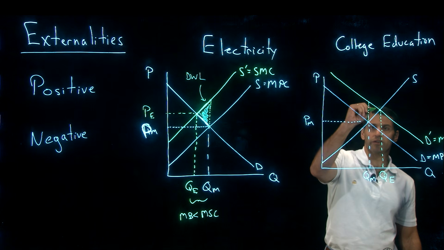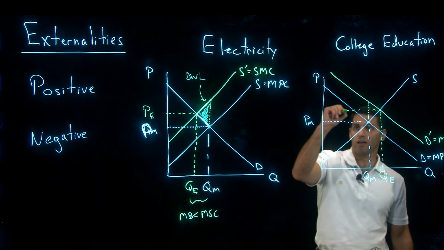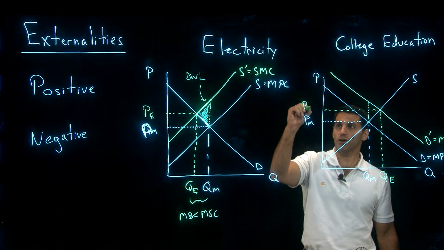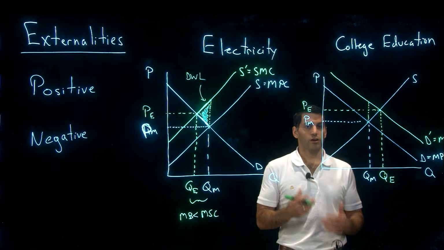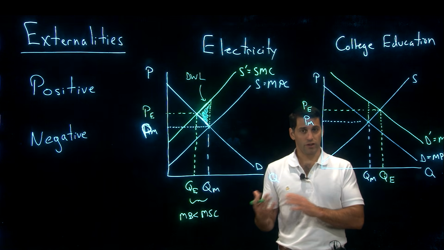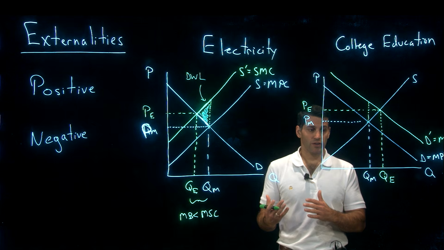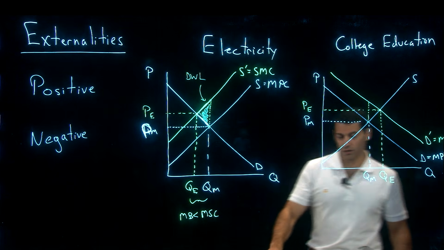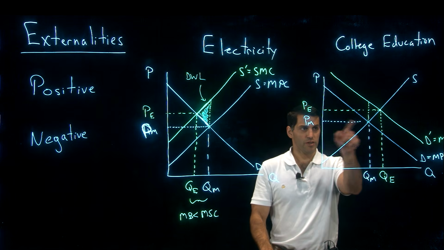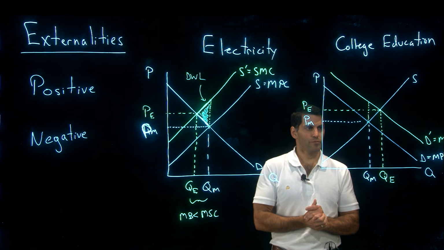And it should be priced higher. So the price is too low, and the quantity is also too low. And we're talking about the market compared to the efficient outcome. We should be up here at PE and QE, but the market is down at PM and QM.